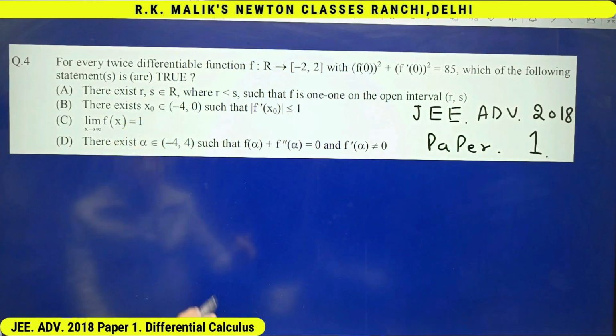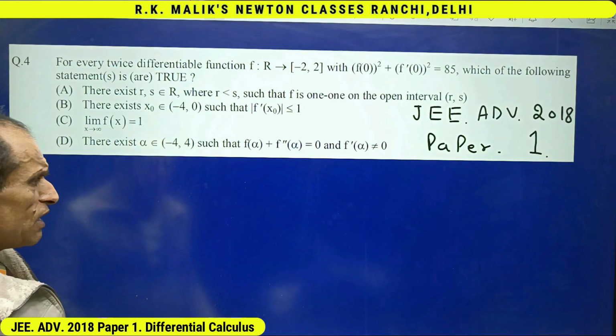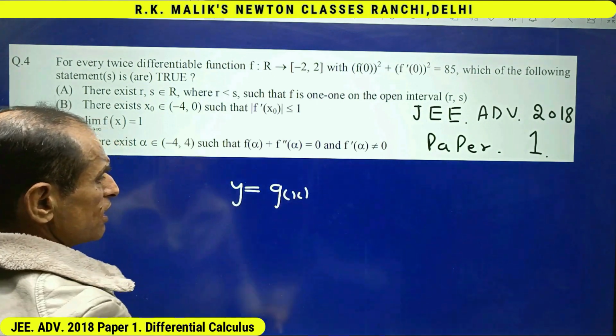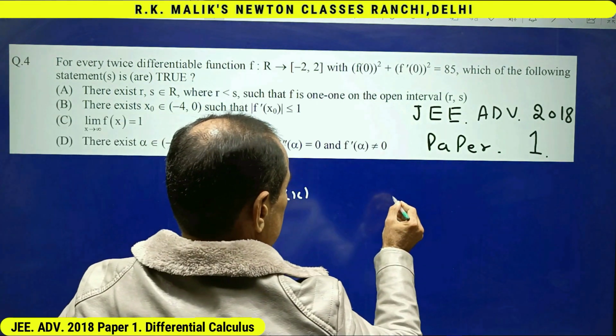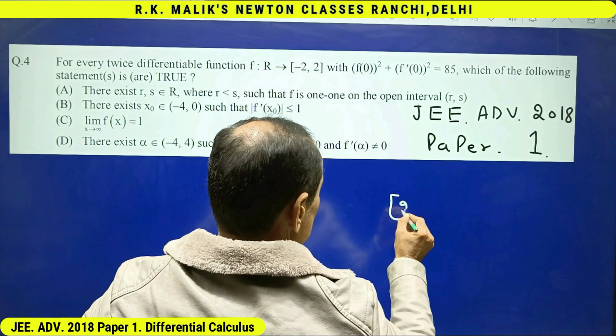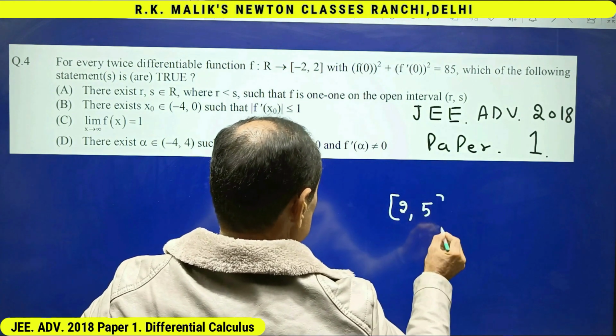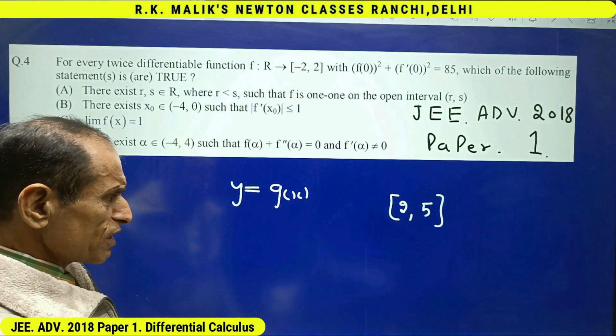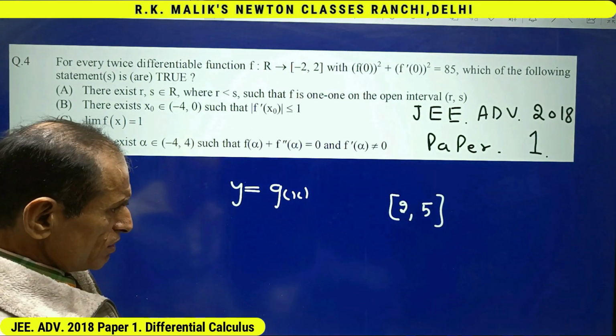For making you understand this part, first I would like to make this concept clear to you: say there is a function y = g(x), and I take the interval of values of x as 2 to 5. 2 and 5 I have just taken arbitrarily. I can take any interval.